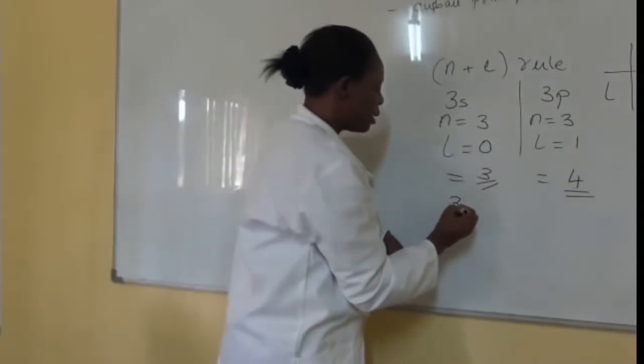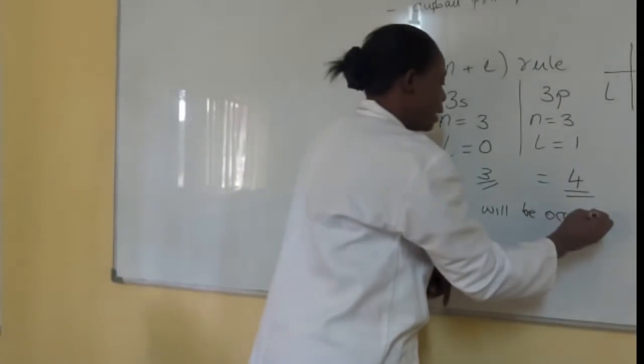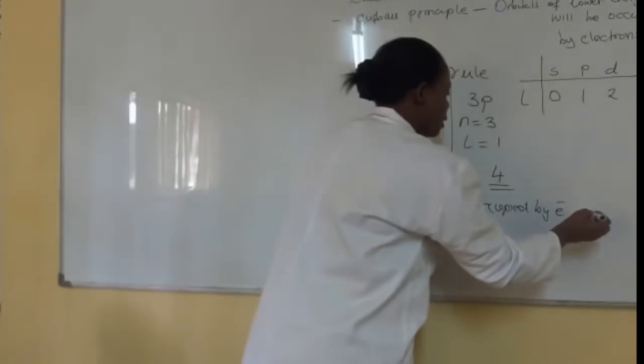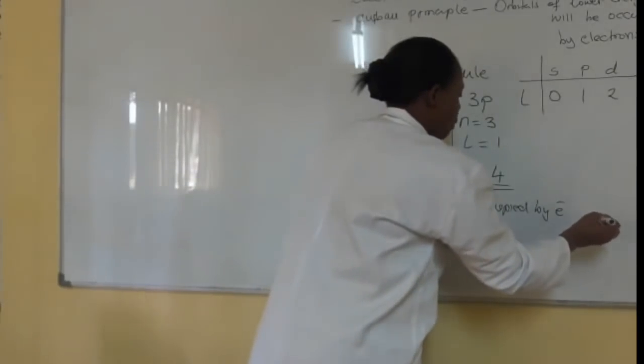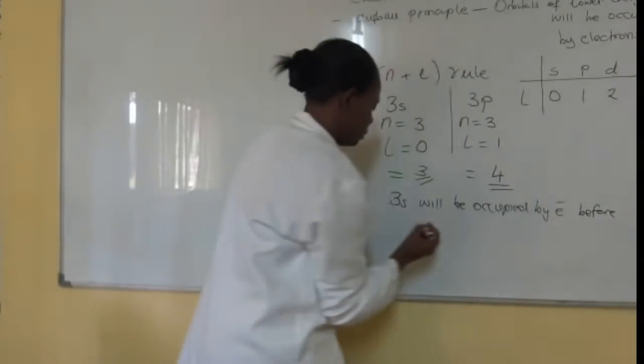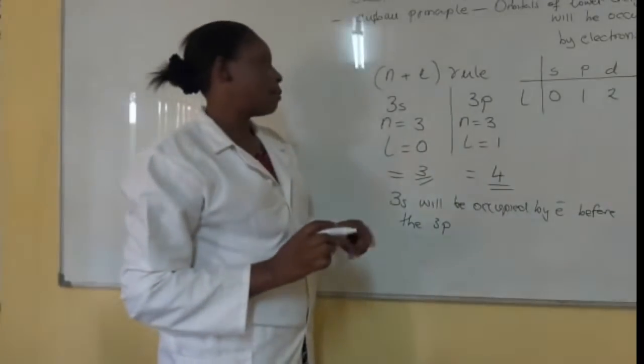it means that the 3s will be occupied by electrons before the 3p. Okay.